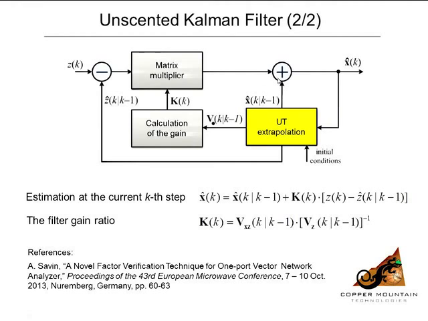And then based on the estimated state, the covariance matrix is passed through the gain and multiplied by the next observation, and this whole system iterates through all of the observed data, all of the measurements over frequency.